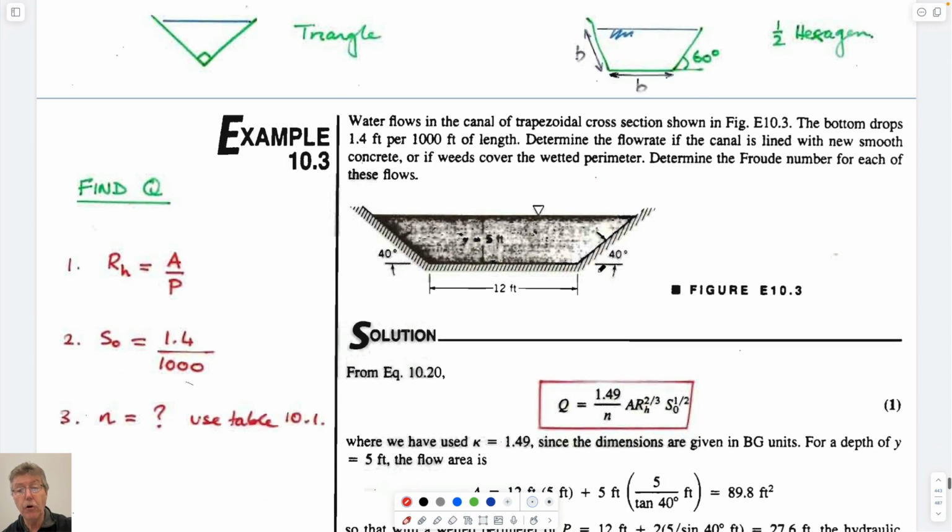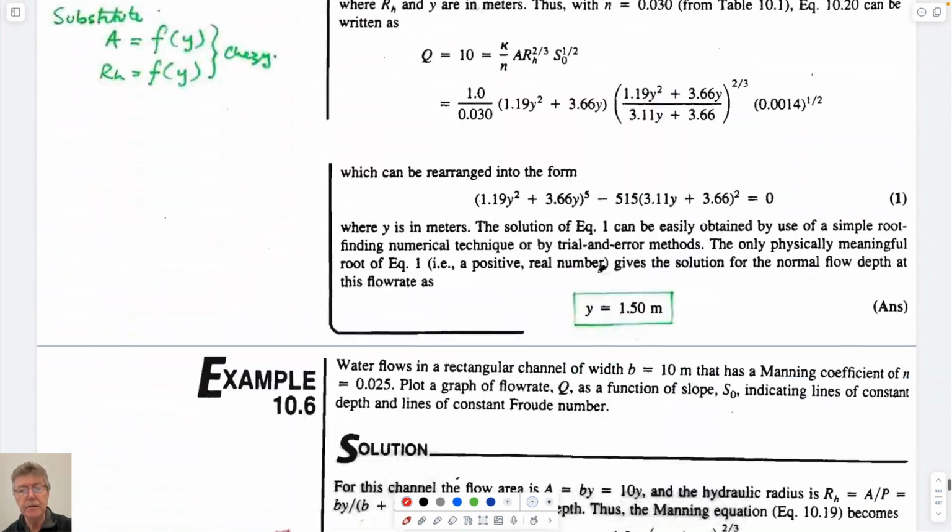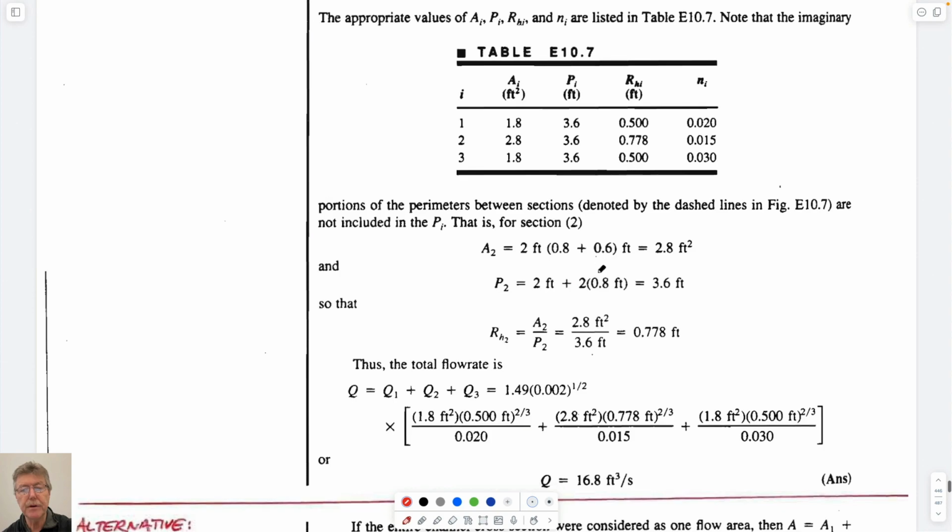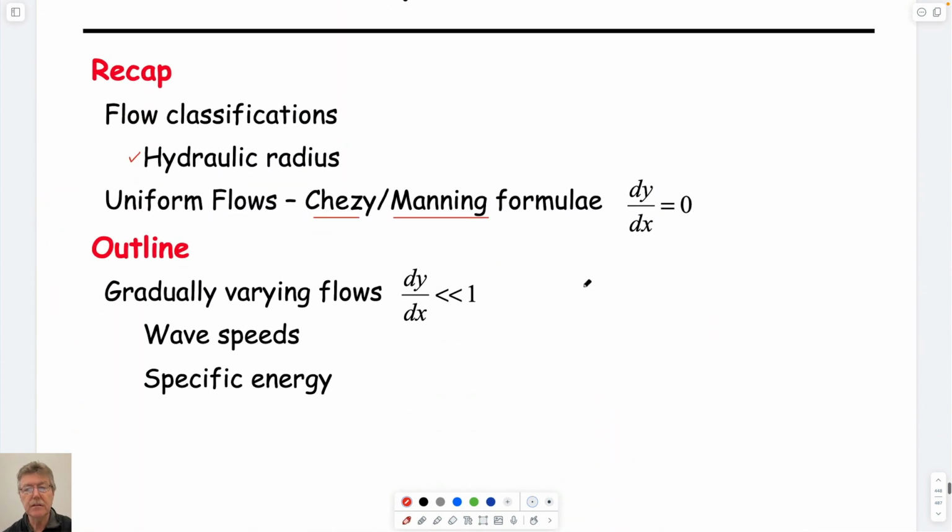We wrote down these formulae. I guess perhaps the recap of the formulae is worth doing. They were that the velocity is equal to the hydraulic radius to the power 2/3 times the gradient of the bed to the power 1/2, I think.